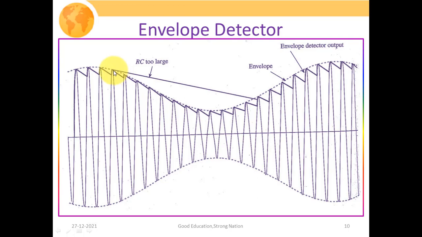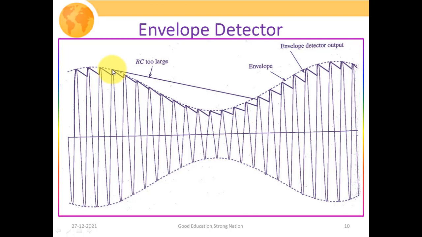And if RC is too large, then obviously for dynamic signal variation our capacitor will not replicate the actual signal variation. This particular point is showing that: if the time constant is too large, and at this position the capacitor has been charged up to this potential, fine.